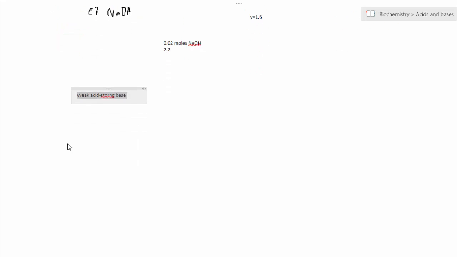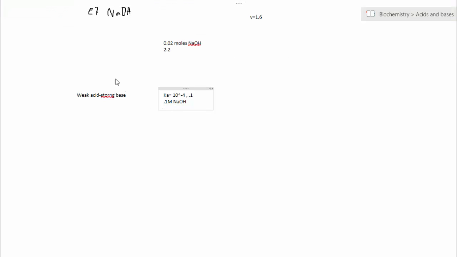It has the same concept, but we are only dealing with a weak acid. Let's say that we are working with a weak acid that has a Ka value of 10 to the negative 4, and its concentration is 0.1 molar, and we are adding NaOH to it, 0.1 molar concentration of NaOH.